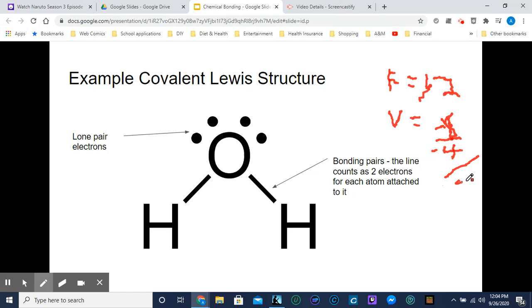And if I divide that by 2, I'm going to get 2. So it's going to share 4 electrons, which means it's going to form 2 bonds. And then if I subtract the 4 from the total valence of 8, I'm going to have 4 lone electrons.